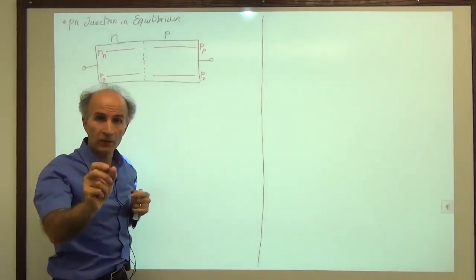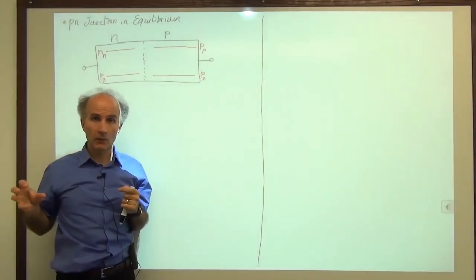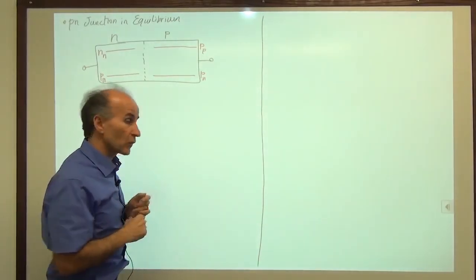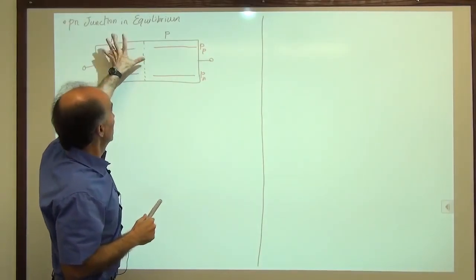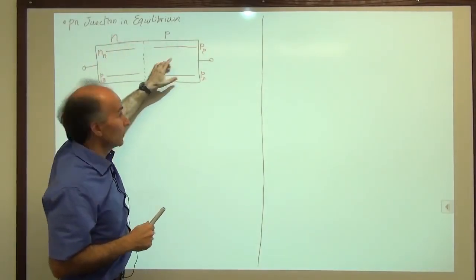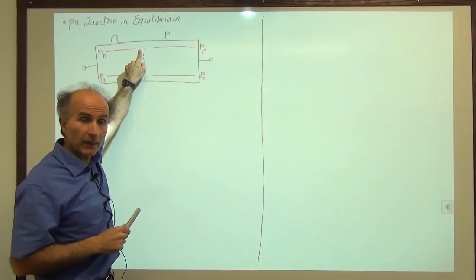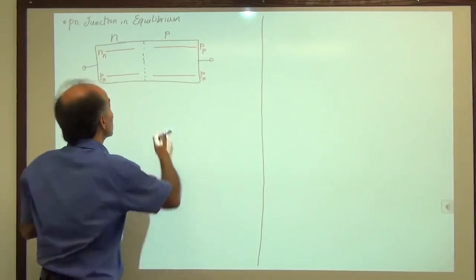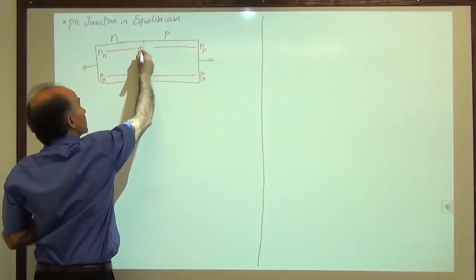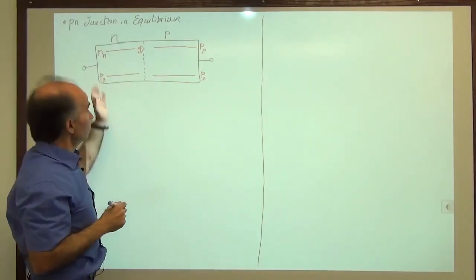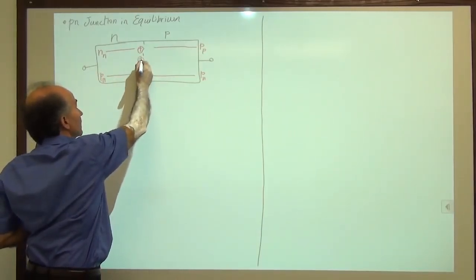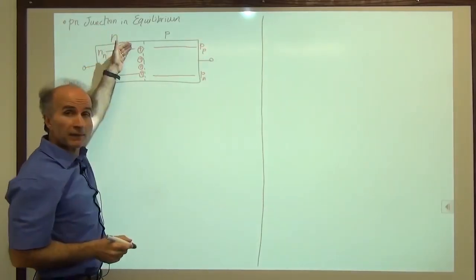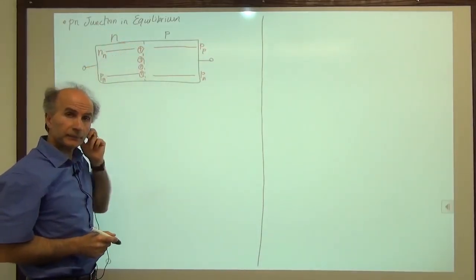If I take one electron out of a piece of material, what happens? A positive ion is left behind. So for every electron that departs this section and goes to this section, we end up with a positive ion. A positive ion is an atom that has lost one electron. So here is a positive ion. So this continues. So we form lots of positive ions on the left side because lots of electrons are leaving the left side to go to the right side.